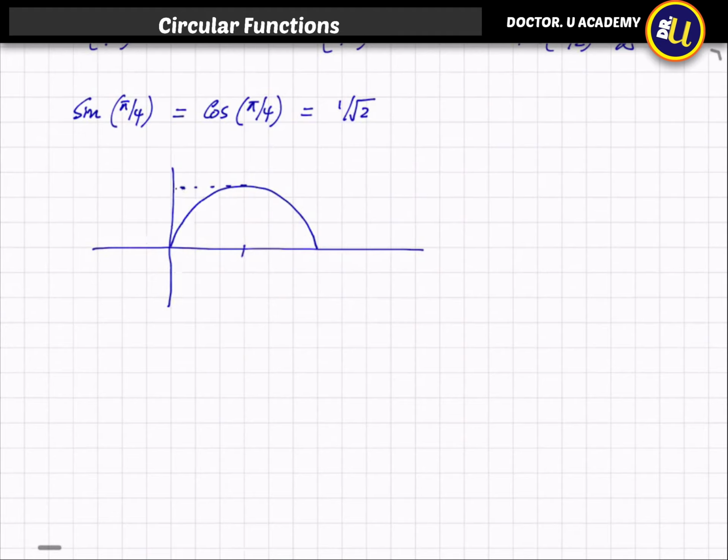This is pi divided by 2, pi here, 0 here. This is the intersection, right? Those two graphs intersect when the y value is 1 divided by square root 2. Then the x value would be pi divided by 4. That's why at pi divided by 4, for sine and cos you get 1 divided by square root 2.